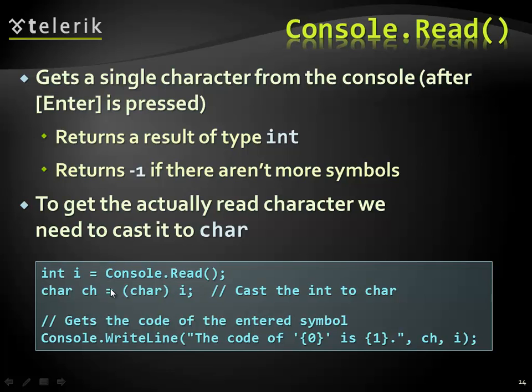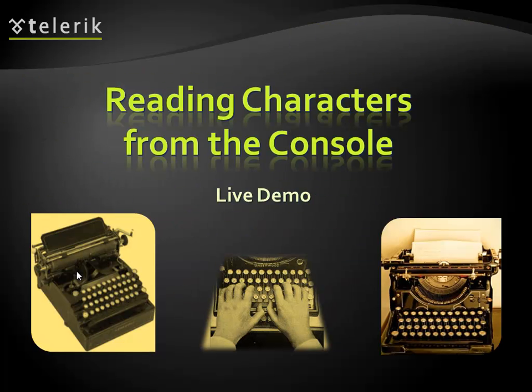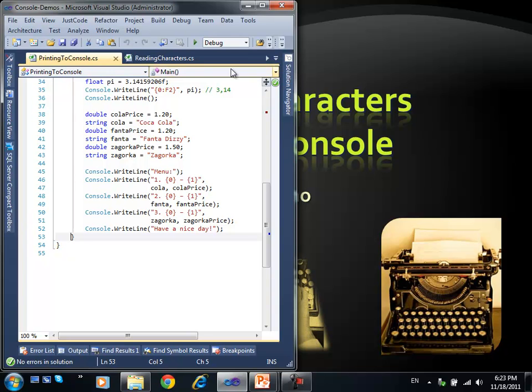So we could reconvert that into a character by casting it into a char. And this would print out the character itself as it is converted back into a character, and i, which is an integer, the code of this character. All right? Let's see it live.